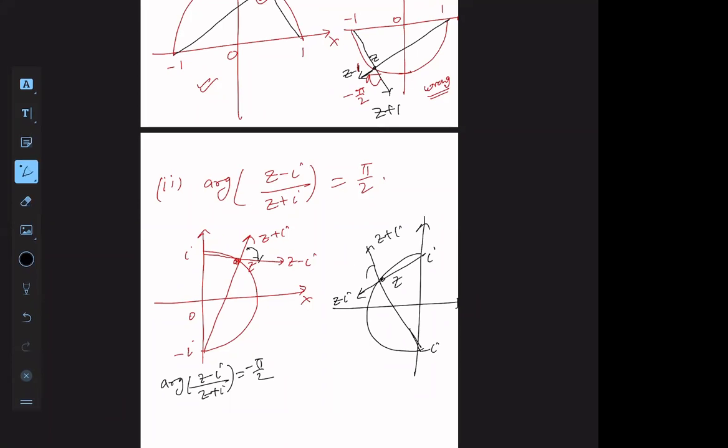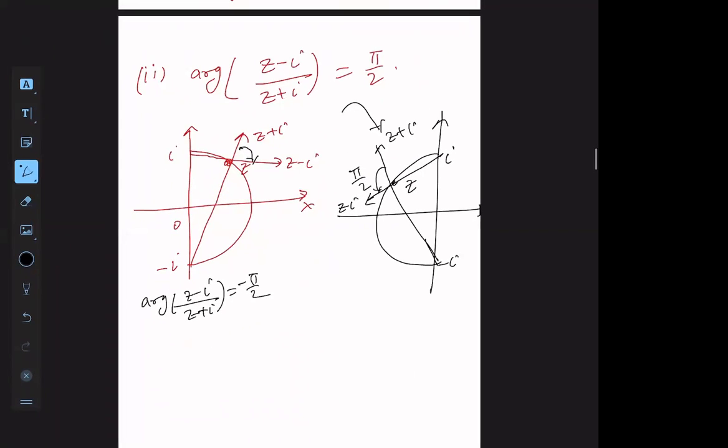I have to rotate in the anti-clockwise sense. So it is the correct option. So this one is the locus of this. Understood? Have you understood these two? Okay, very good.